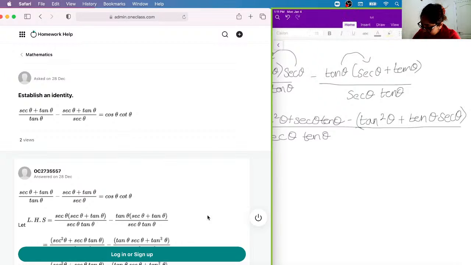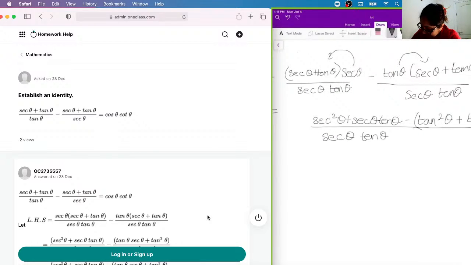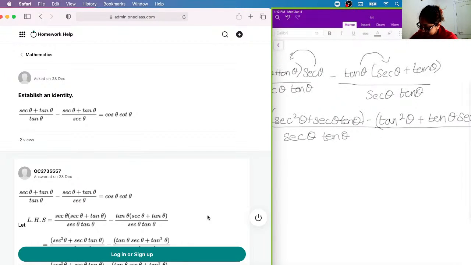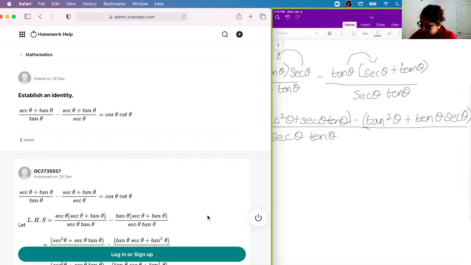And now the next step would be to basically cancel out whatever cancels out. So in this case, the only thing that's going to cancel out here would be the secant theta tan theta and tan theta secant theta, right? Because if you multiply out the negative here, they would both cancel out. So this is 0, basically.